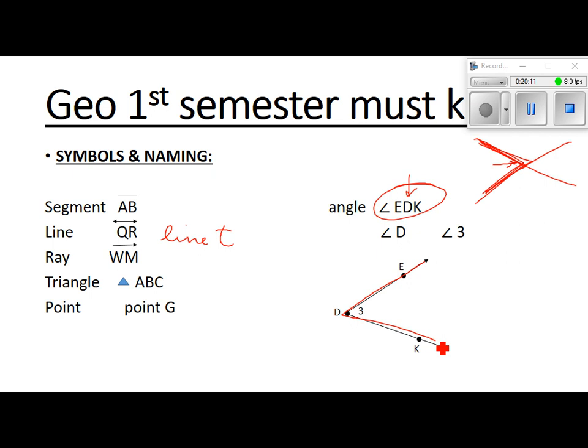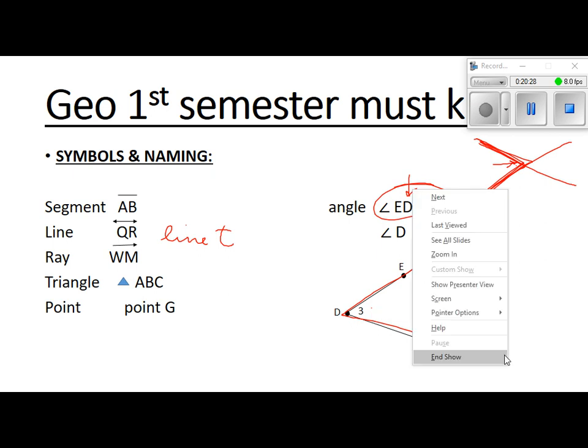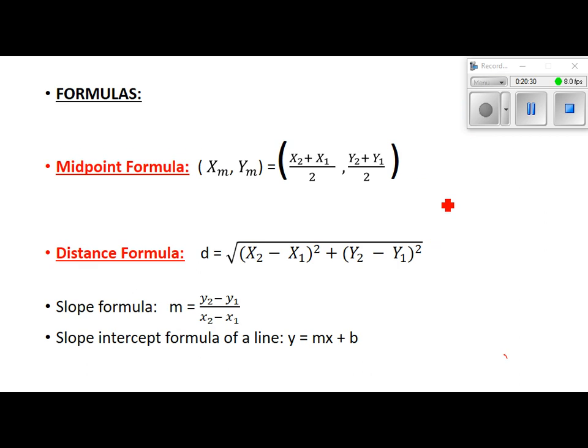It could be named just angle D because there's only 1 angle with that vertex, or it could be named angle 3. What's the other way that angle could be named that I didn't put up here? KDE. Going backwards. All right? Make sure you know all that stuff. Formulas. 4 formulas.